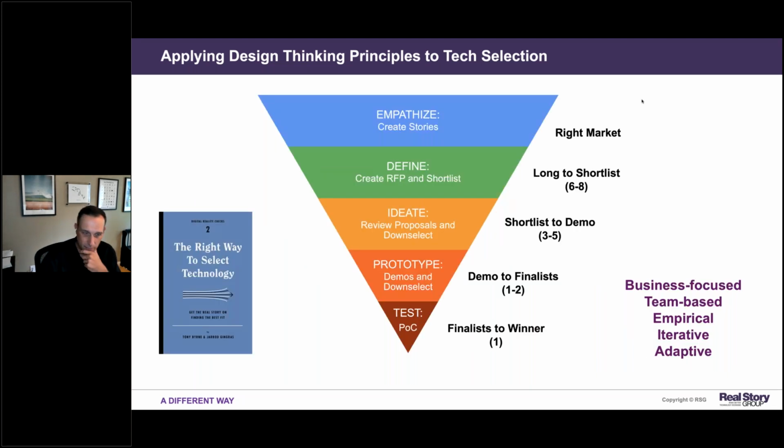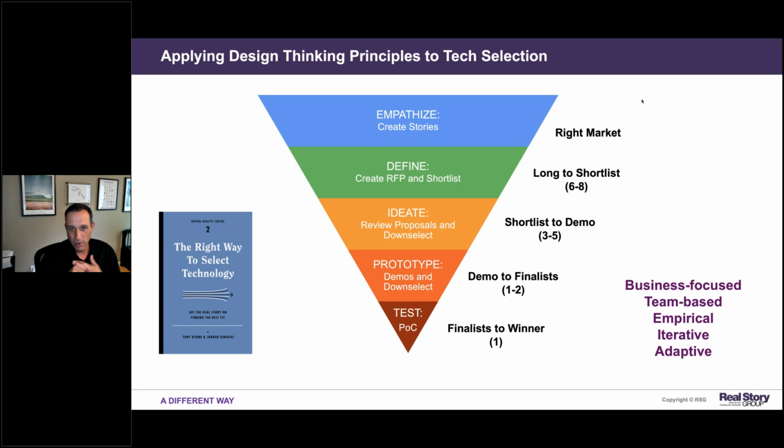And so we took the design thinking methodology, we took the learnings of what we'd seen work well in different client projects, and came up with this methodology that we call the right way to select technology. So again, we're taking the empathy aspect, where we're creating stories, we're defining what we're looking to do by coming up with the right RFP and the right shortlist.